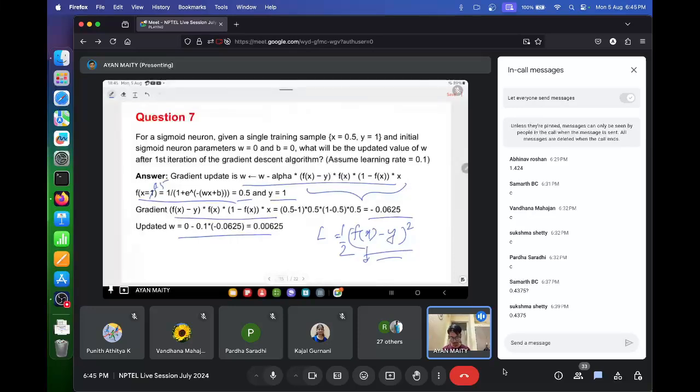Now if you take the derivative of this with respect to w, this is the derivative that you get: (f(x) minus y) into f(x) into (1 minus f(x)) into x. Then you have to compute the individual terms in this gradient, f(x), y, x. All these terms are already given, so you just have to put these values into it.